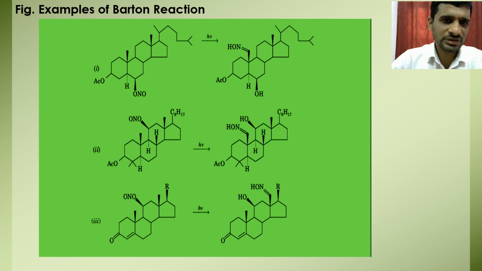Stereochemically, there is only one delta carbon atom, the methyl group, which can undergo 1,5 hydrogen shift to form delta nitroso alcohol, and this can further undergo tautomerization to give oxime.